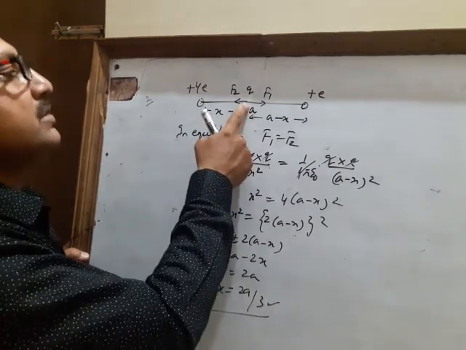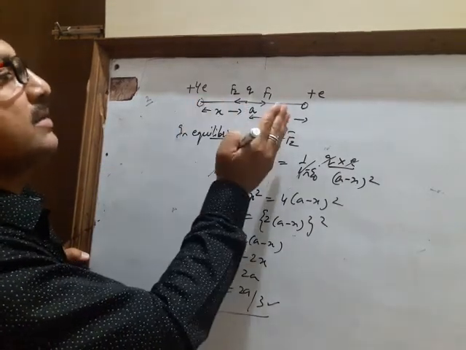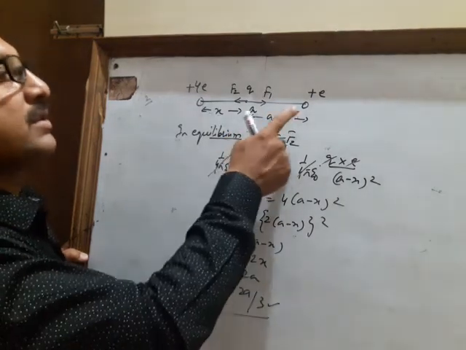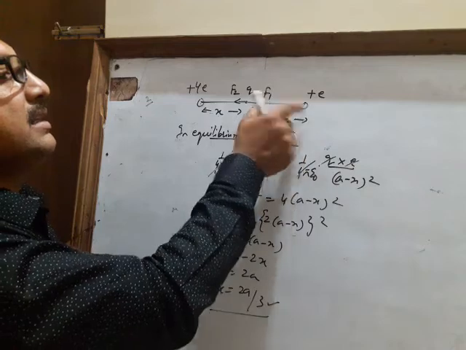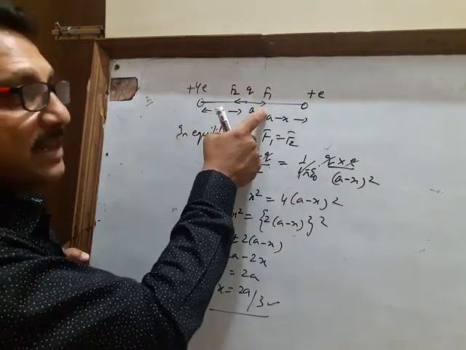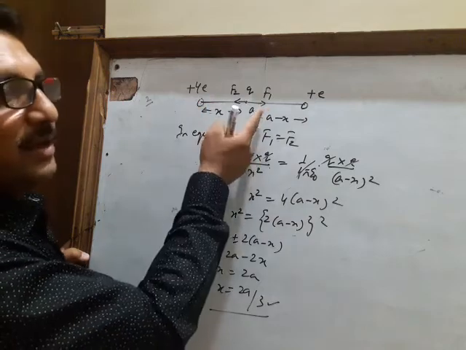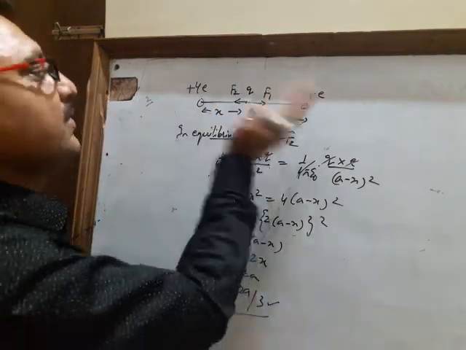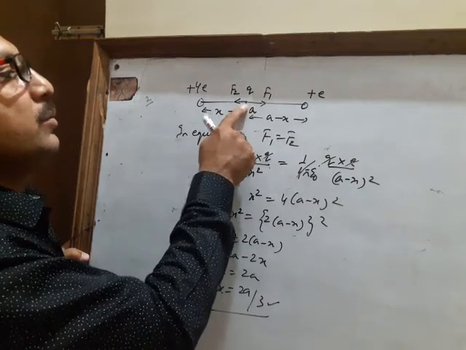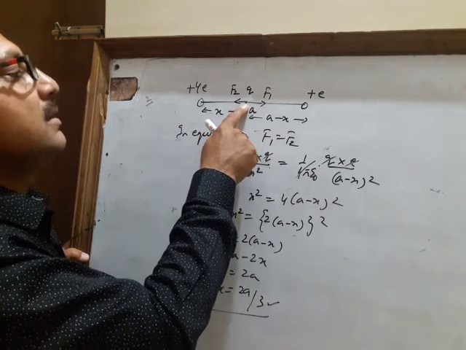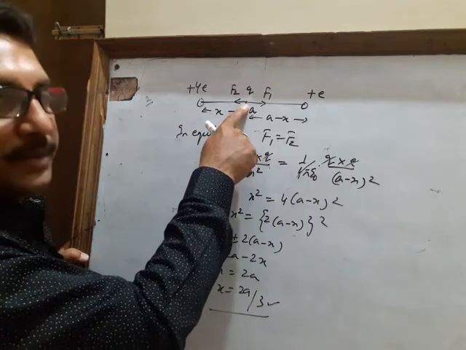If I move this charge slowly towards the right, what will happen? The force due to plus e will increase, and the force due to plus 4e will decrease because it is going away from 4e. So if I move this charge q towards the right, it will be repelled and it will come back to this point.